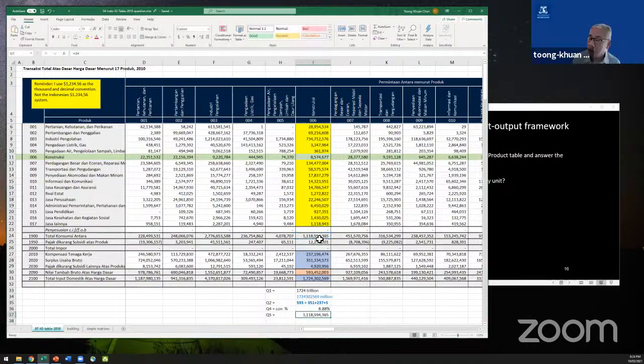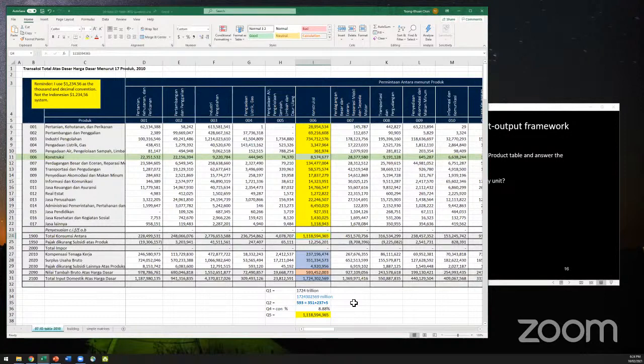No, this one. 1118. 1118 minus 85. But Bimo, what did you say? Minus 85 from the construction itself.